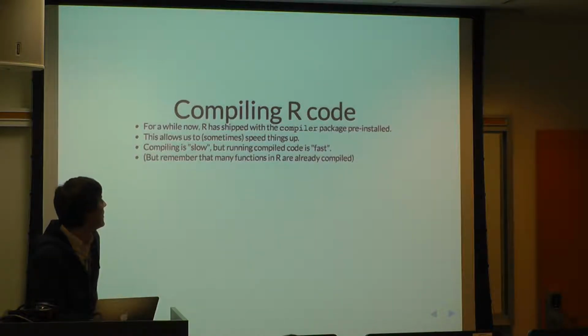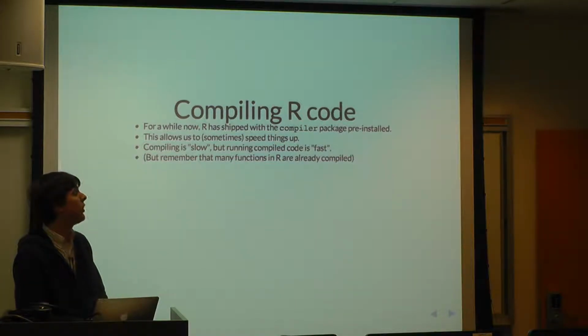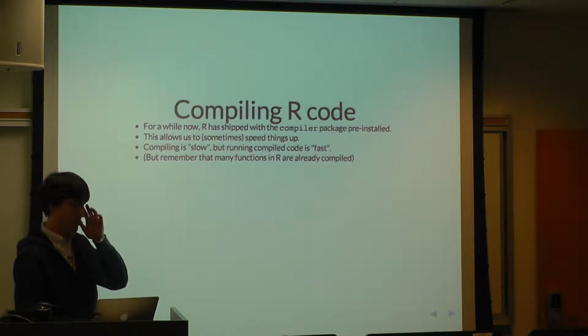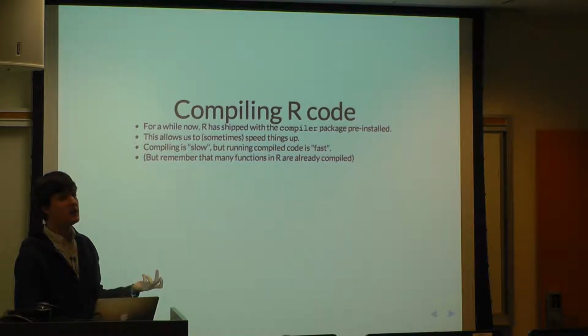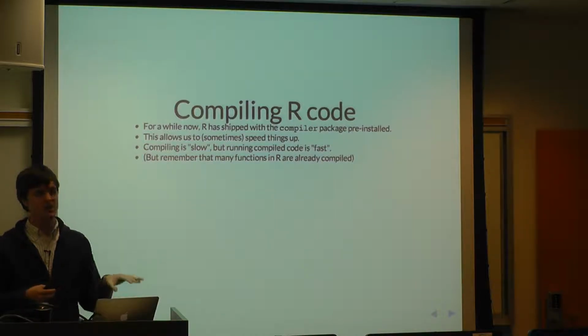But here's the other interesting thing: for a while, R has started compiling a lot of the basic tools that you use when you start up R, like the mean function. You know how if you just write the name of a function in R, you can see the code.